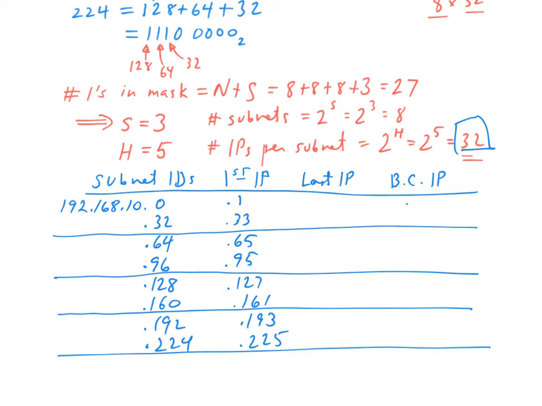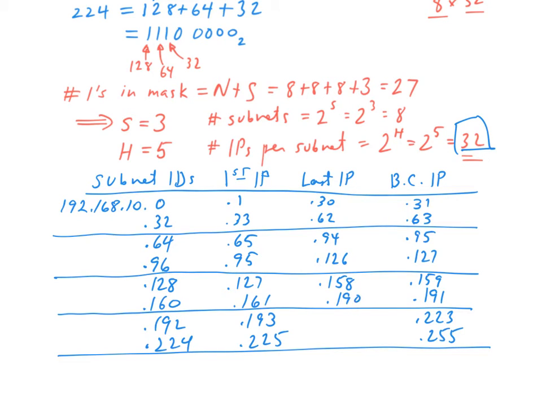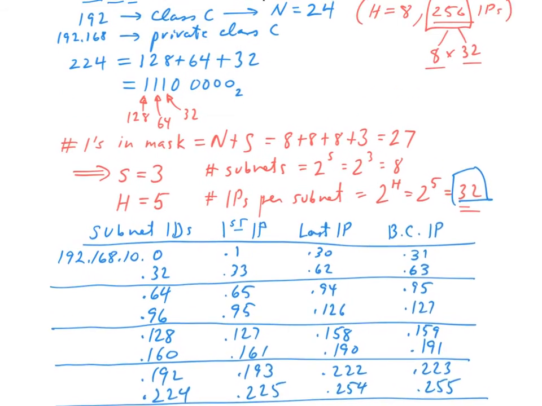So we get 31 for that, 63, 95, etc., .127, .159, .191, .223, and .255 is always that last one. And then the last IP is one less than the broadcast: .30, .62, .94, .126, .158, .190, .222, and .254.